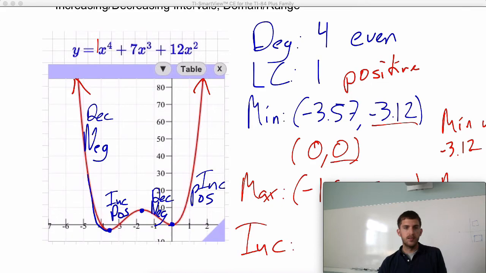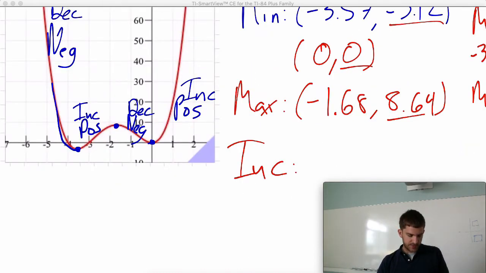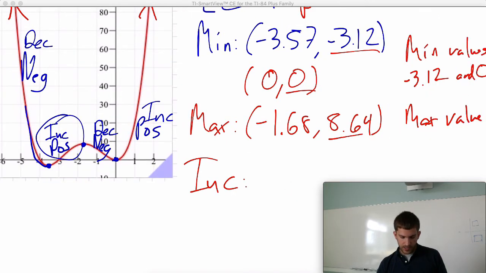Okay, that's a lot. Let's figure out how to label that. So let's start off with just this first increasing interval. We're going to write this out. I'm going to write it one way and then show you how to write it the shorthand way. We're going to say it's between 2 points. It's increasing from this point to this point. So the left side of that left value, we identified it as negative 3.57.